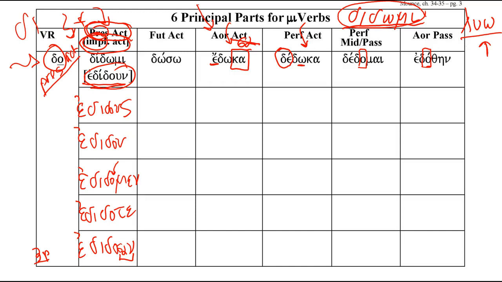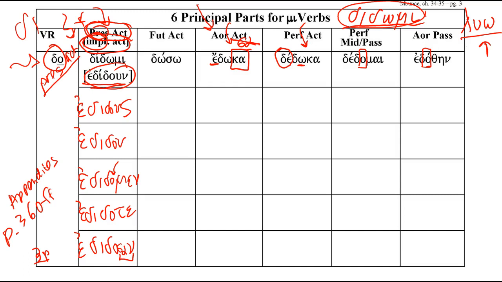Now all the forms for δίδωμι for every tense and for every mood are on page 360 in Mounce in the appendices. So go to page 360 and following, and you'll be able to look up all the forms for δίδωμι, if you want to double check.